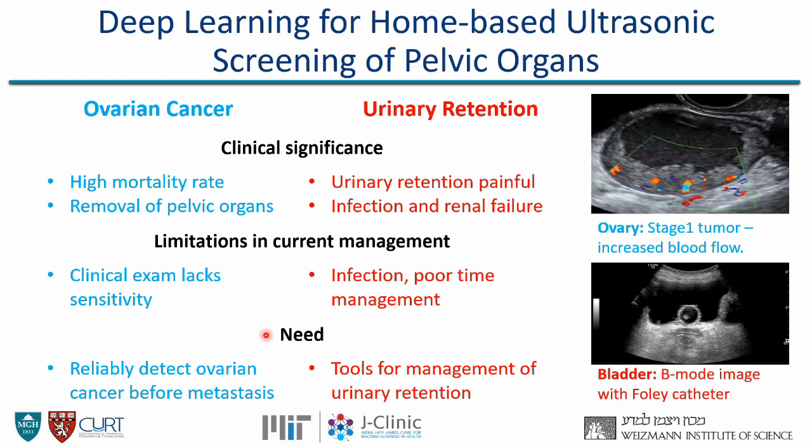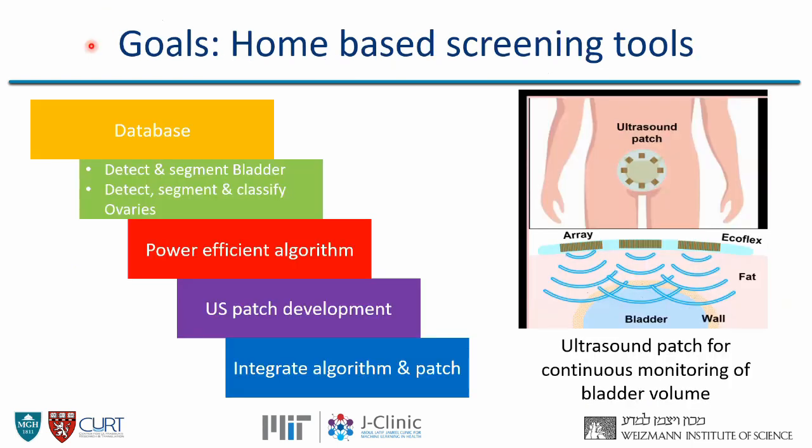Hence, there is a need to develop home-based ultrasonic screening tools for detecting ovarian cancer before metastasis and tools for managing urinary retention. Our goals include developing home-based screening tools for screening ovarian cancer and better management of urinary retention.